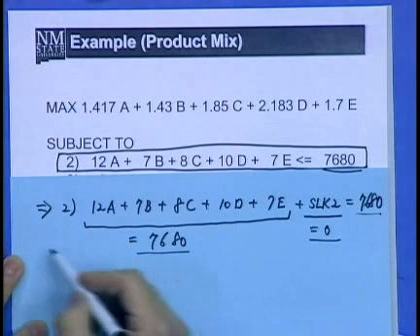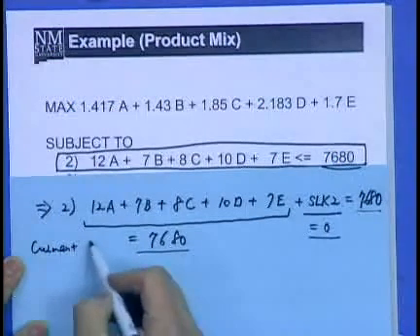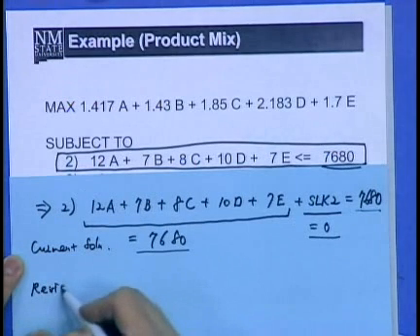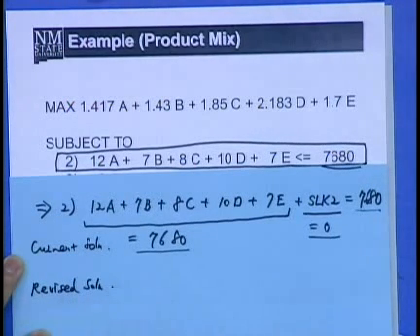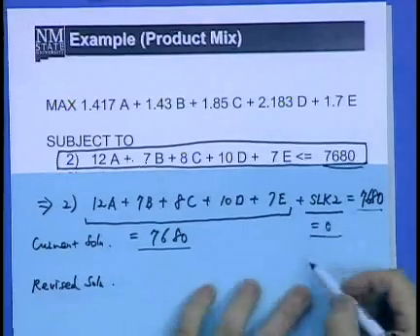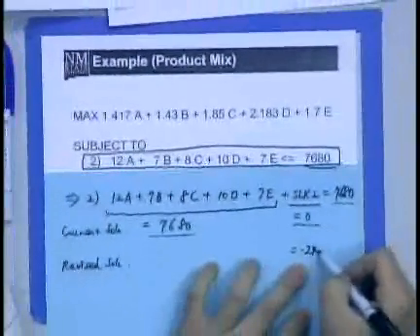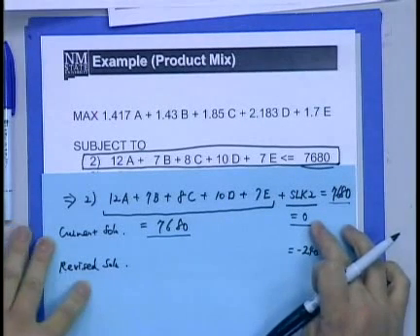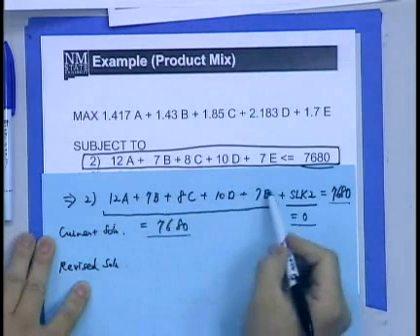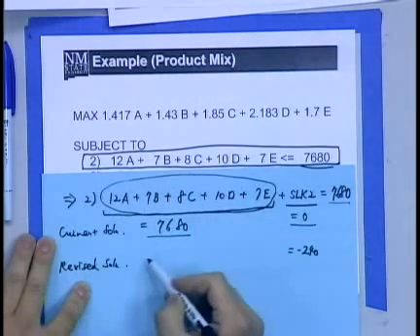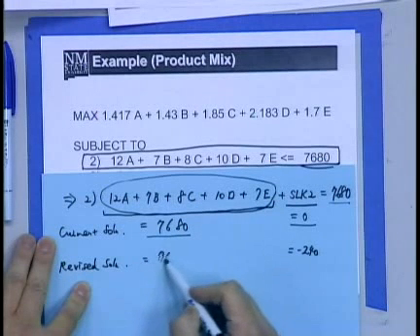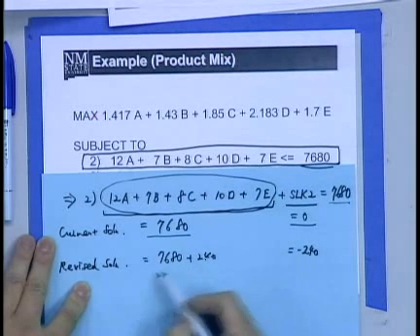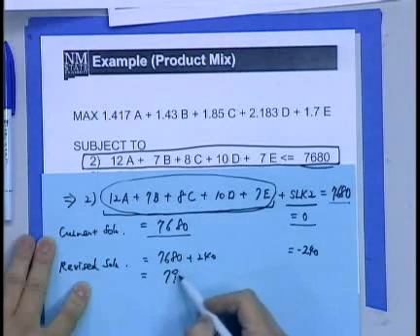And the revised solution is going to be negative 240 for the slack variable on this constraint, which means this becomes 7,680 plus 240, which is 7,920.